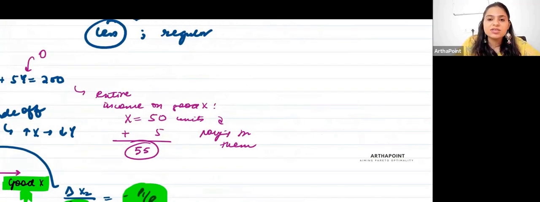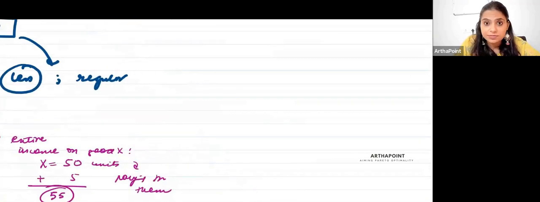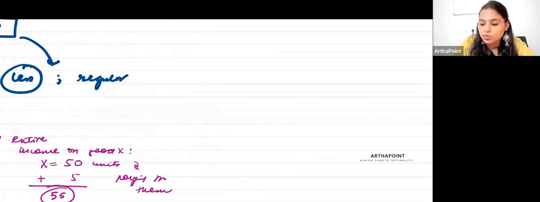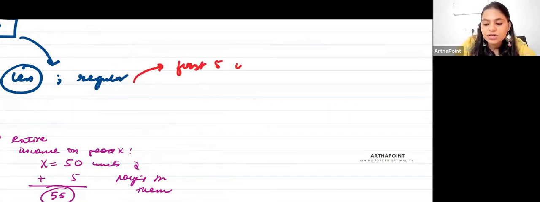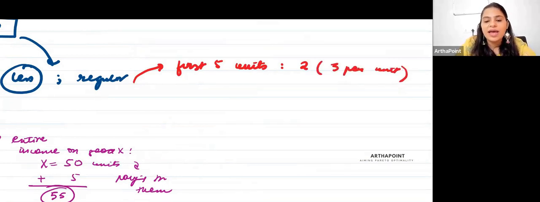The second thing is you're not getting free. But the question is telling you that for the first 5 units, you have to pay 2 rupees per unit, which means you have a subsidy of 3 per unit. And then you have to pay the regular price of 4 per unit.